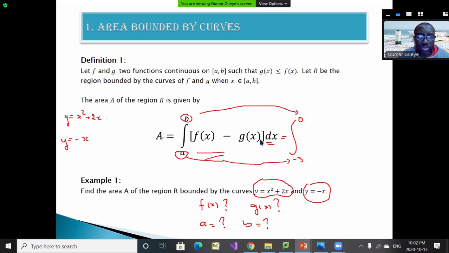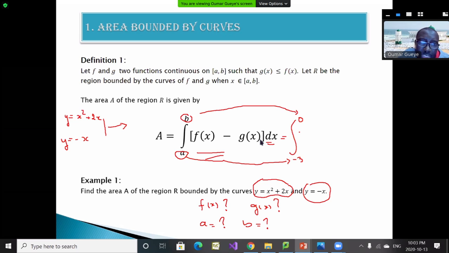As I told you, when you want to apply this formula, it's going to be integral from a to b of the greater function minus the smallest one. So I'm going to find which one is the greater function, and to do so, I'm going to pick any number between -3 and 0. You pick whatever you want. You can pick -2, -1, -1.5, it's up to you. At the end of the day, the sign is going to be the same.